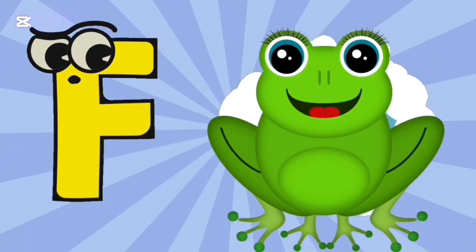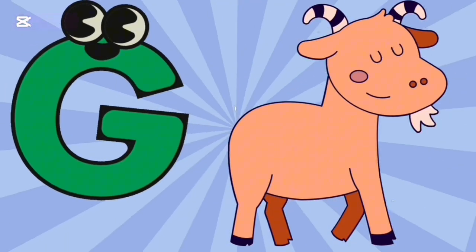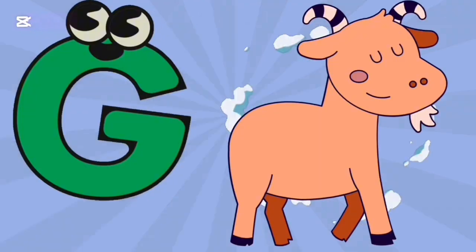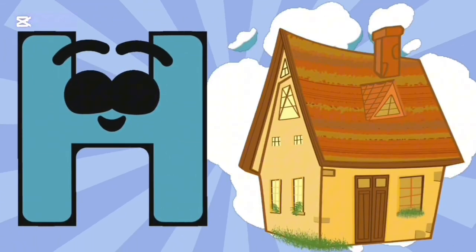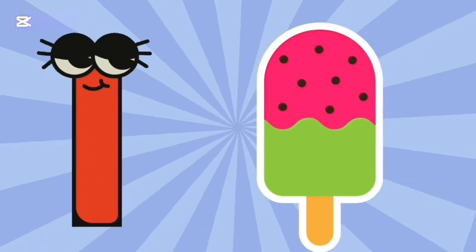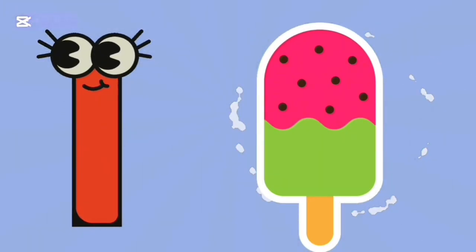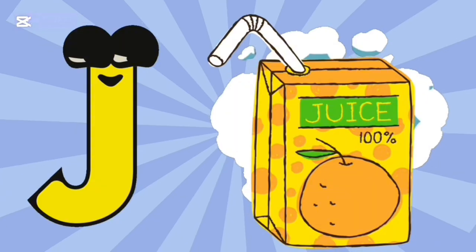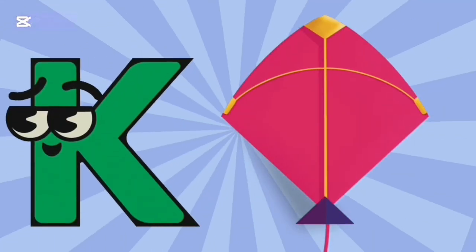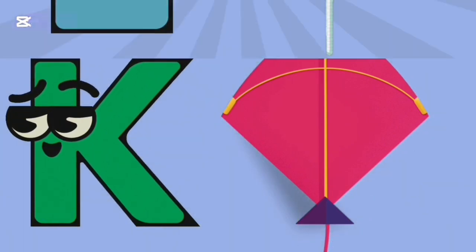F is for frog, frog. G is for God, God. H is for house, house. I is for ice cream, ice cream. J is for juice, juice. K is for kite, kite.